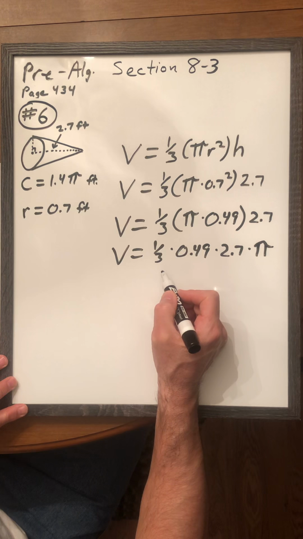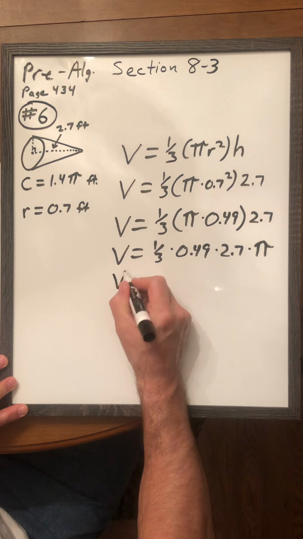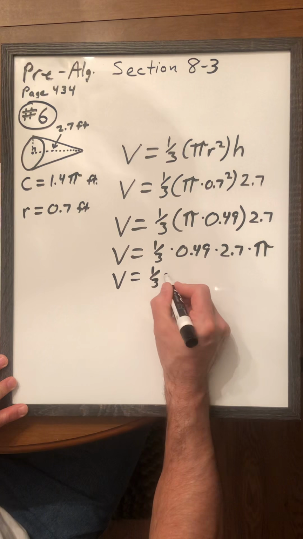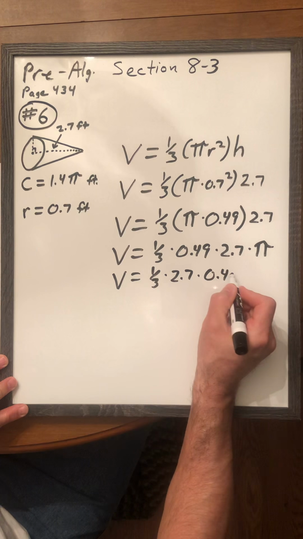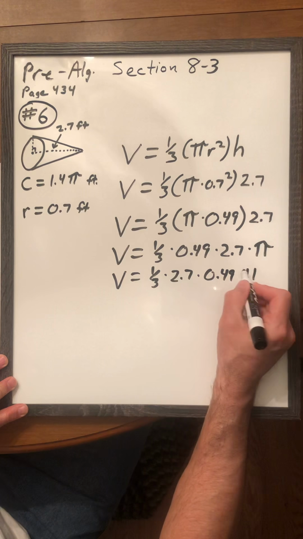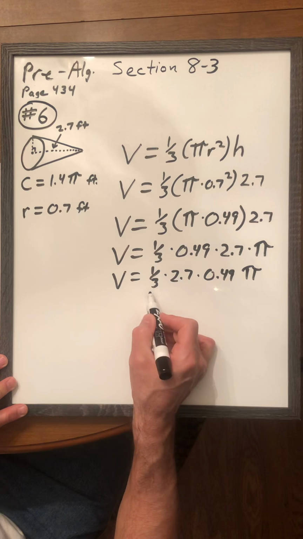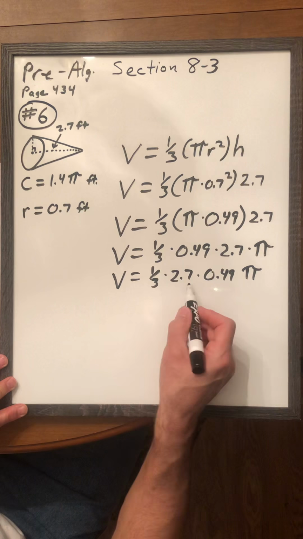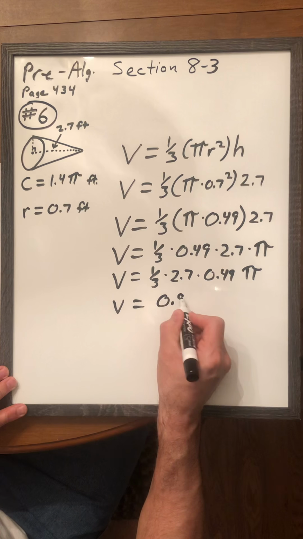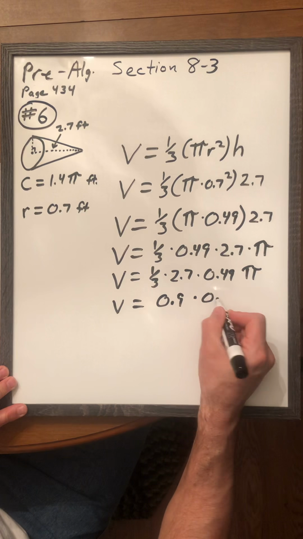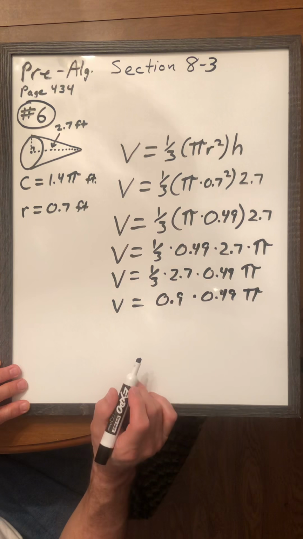1/3 will go into 2.7, so I'm going to switch those numbers around. This would be 2.7, and then the 0.49. It's multiplication, so it doesn't matter the order. I put that over here by the 1/3 because 3 will go into that. 1/3 of 2.7 is going to be 0.9. Now I got rid of my 1/3, and I don't have that fraction in there anymore.